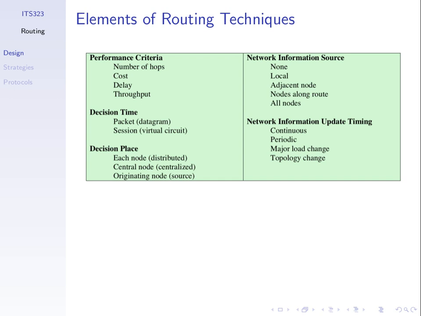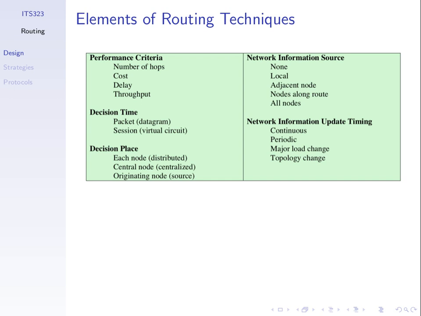So there's the trade-off. You need to consider selecting optimal paths versus producing overhead in the network. They are the design criteria for different routing approaches. So in practice, a routing approach may choose one or multiple of those different options.